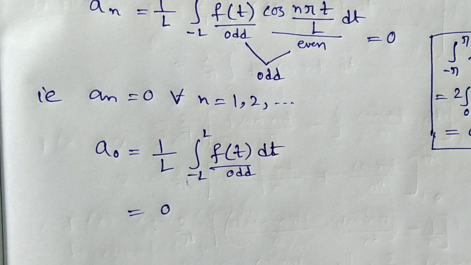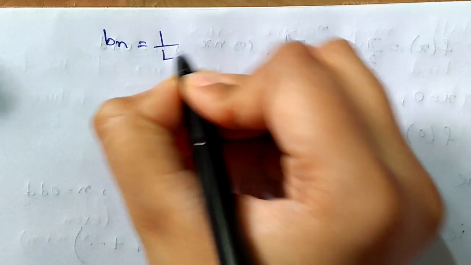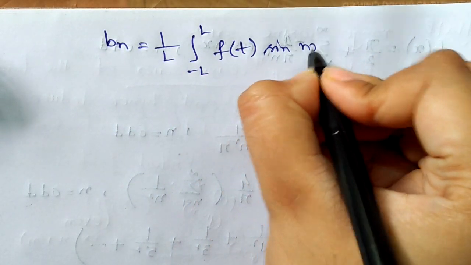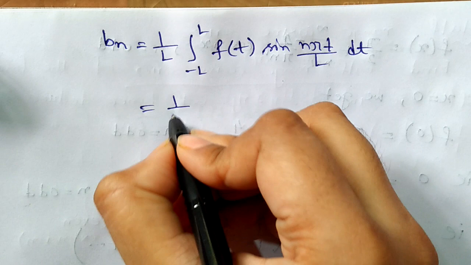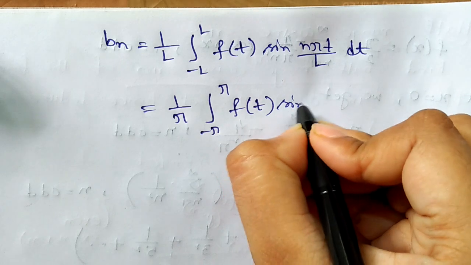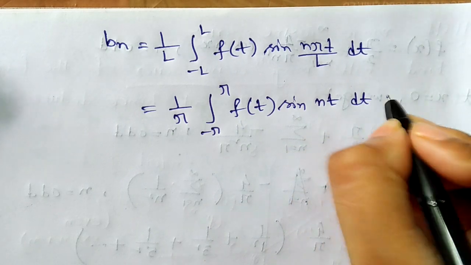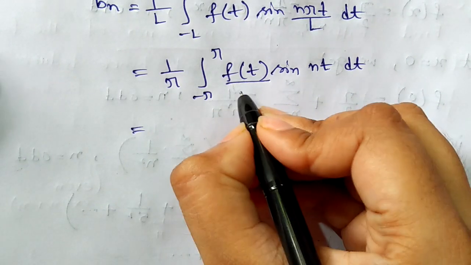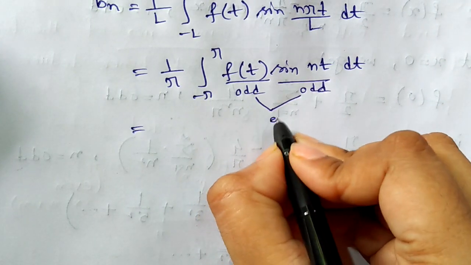Now calculate the value of bn. bn equal to 1 by l integration minus l to l f(t) sin(n pi t by l) dt, that is equal to 1 by pi integration minus pi to pi f(t) sin nt dt, putting the value of l, then pi cancels out. Therefore, see, f(t) is odd, the sine function is odd, and the product of two odd functions is even.